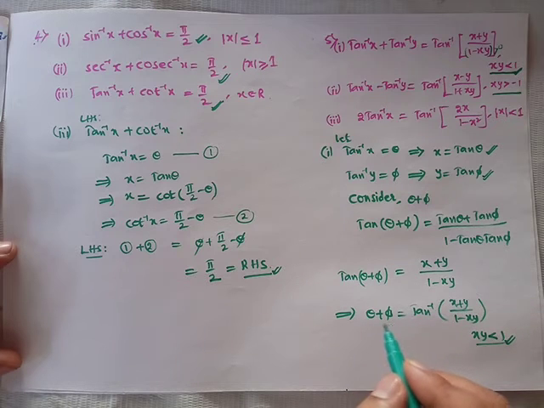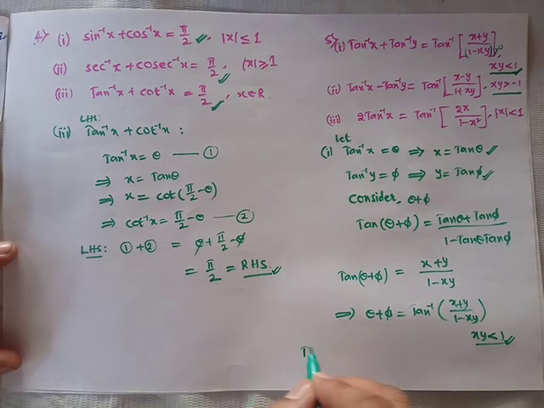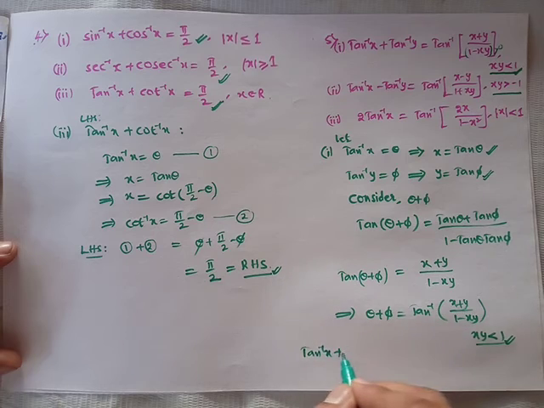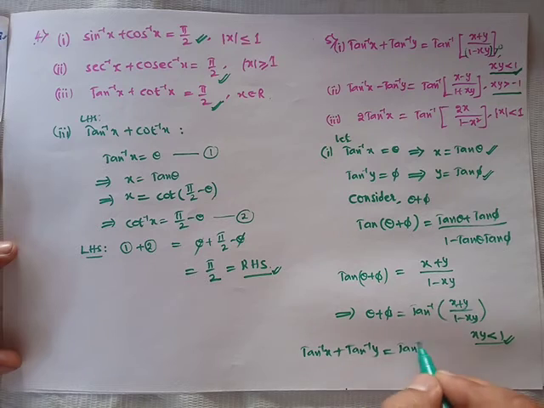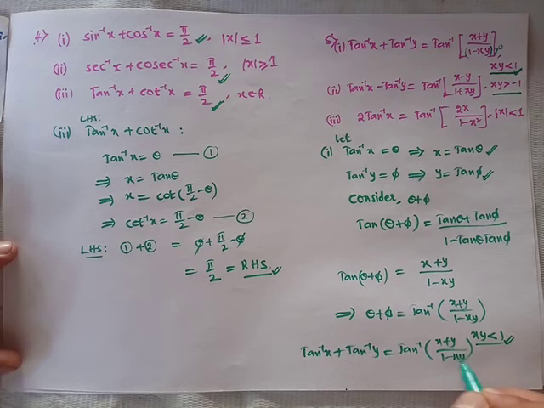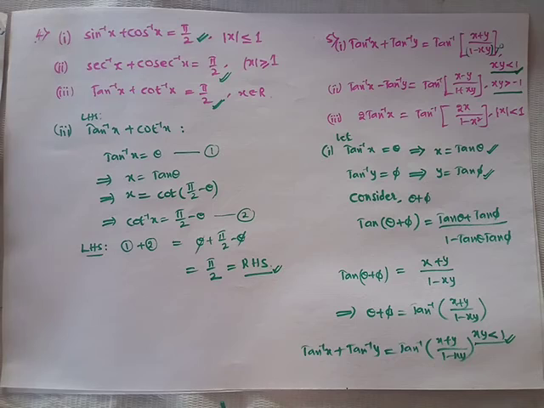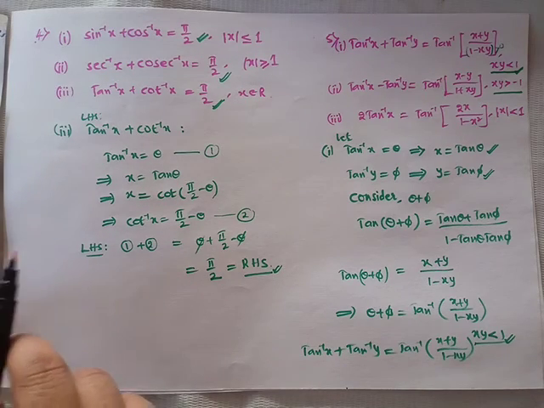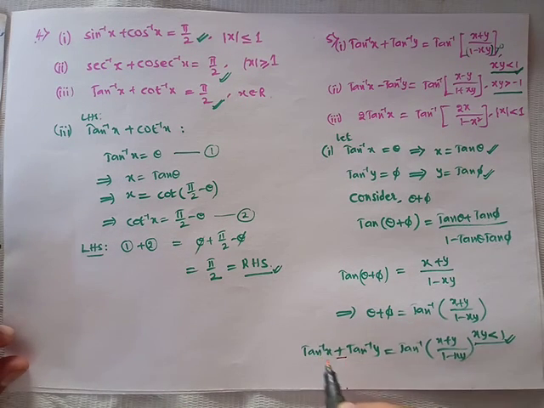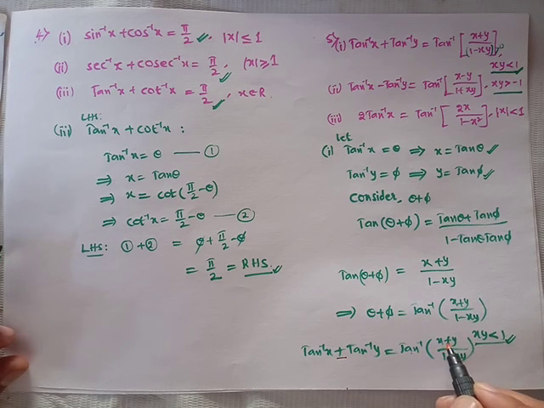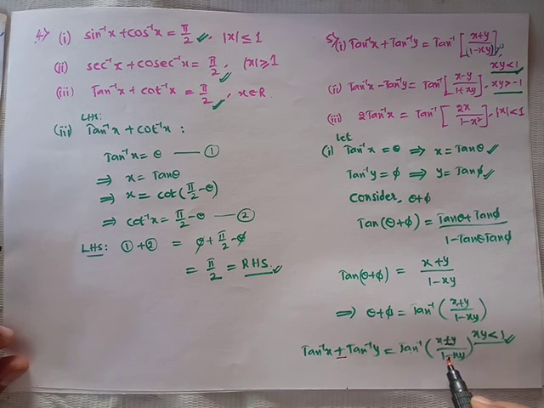Similarly, the LHS is nothing but tan inverse x plus tan inverse y. So tan inverse x plus tan inverse y is equal to tan inverse of x plus y by 1 minus xy, with the condition xy less than 1, and replacing plus with minus, tan inverse x minus tan inverse y is equal to tan inverse of x minus y by 1 plus xy.